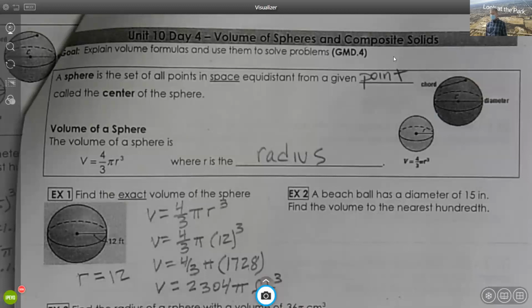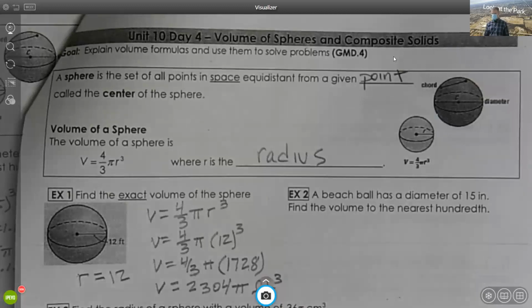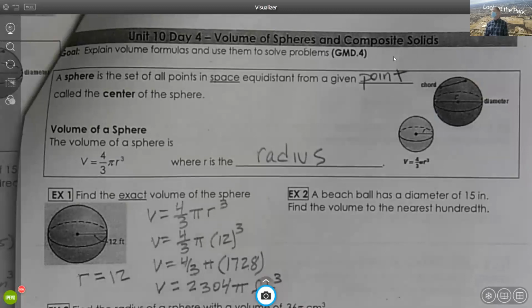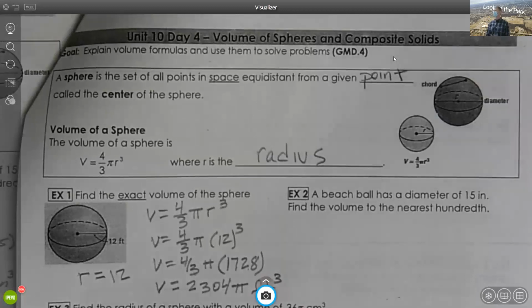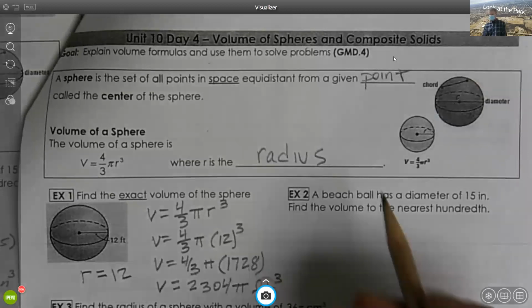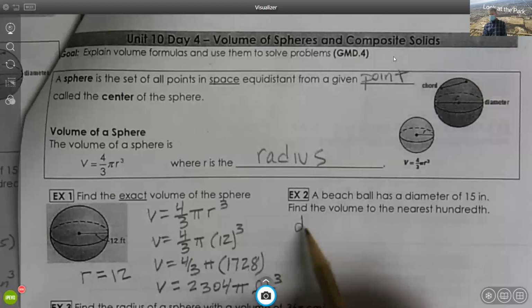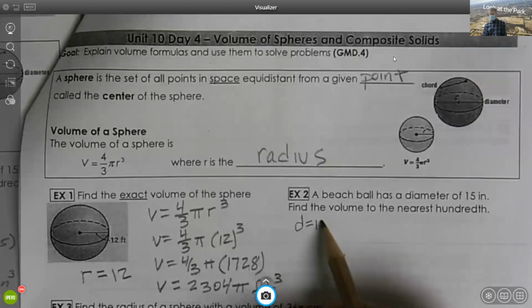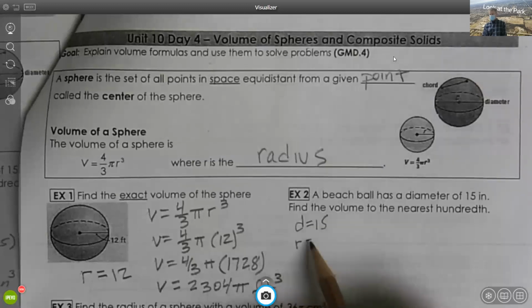A beach ball has a diameter of 15 inches. Find the volume to the nearest hundredth. Now here they talk about hundredth, so yes, we are going to use a decimal. Yes, we are going to calculate with the pi. So if we know the diameter is 15, then the radius is going to be half of 15.